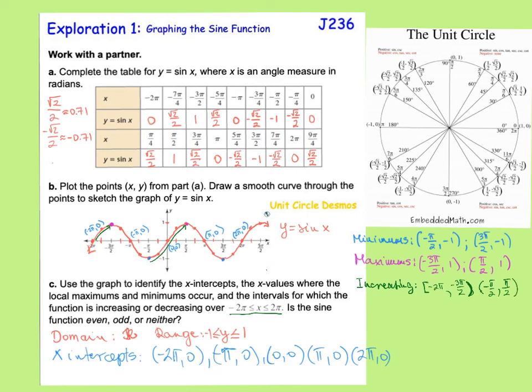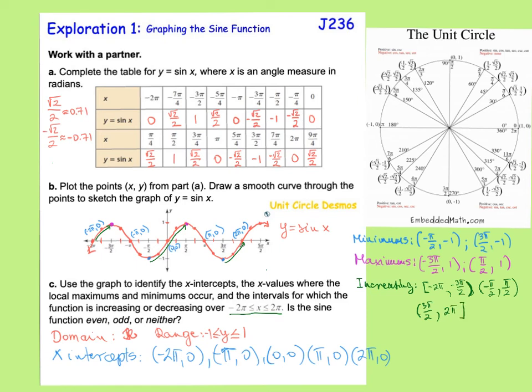The last part where it's increasing is from 3π/2 to 2π. Again, it's a parenthesis at 3π/2. However, since it's going to keep increasing after 2π, at 2π I'm going to make a bracket.